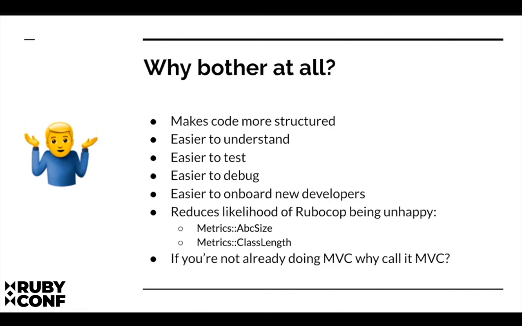It reduces the likelihood of RuboCop being unhappy since you're reducing your metrics ABC size errors and your metrics class length. And if you're not already doing MVC by including all this extraneous code into your controller, why call it MVC?